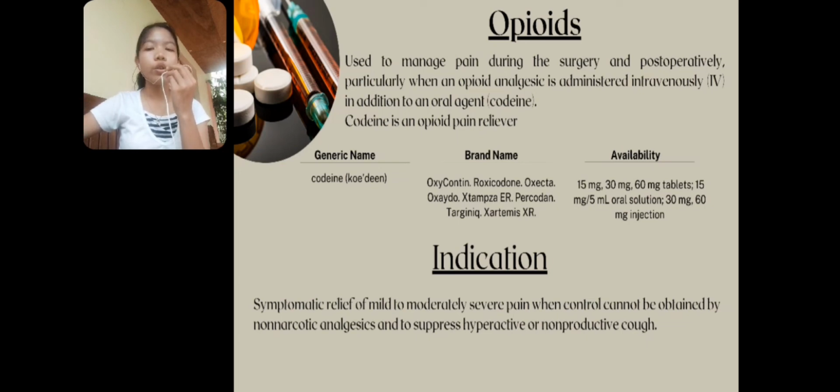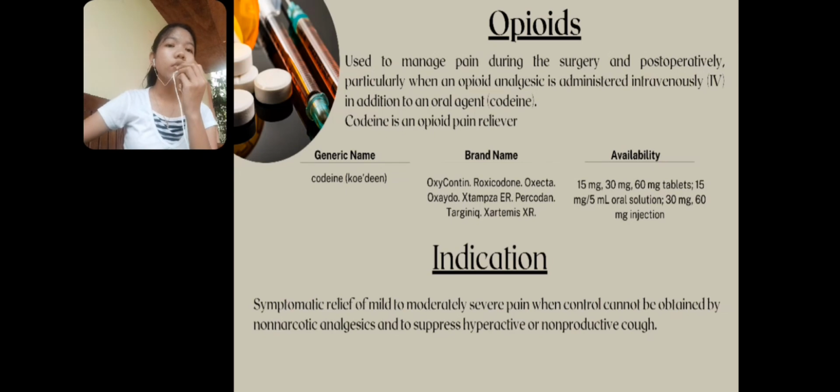Opioids are used to manage pain during surgery, like a pain reliever including anesthesia. So an opioid analgesic is administered through IV in addition to an oral agent, or the codeine. So opioid is like an anesthesia. It's a kind of pain reliever.